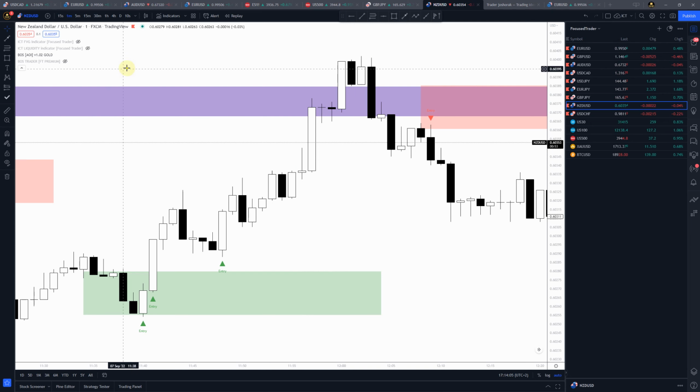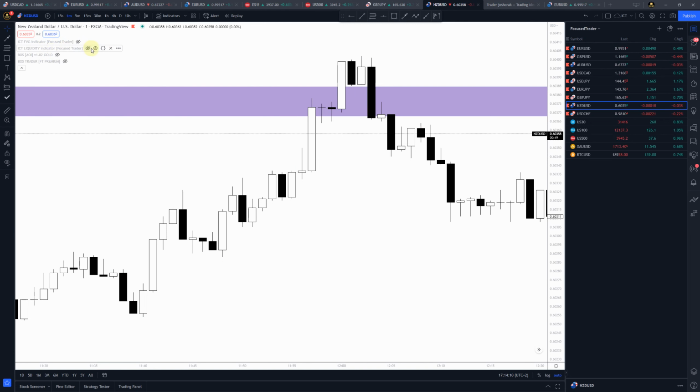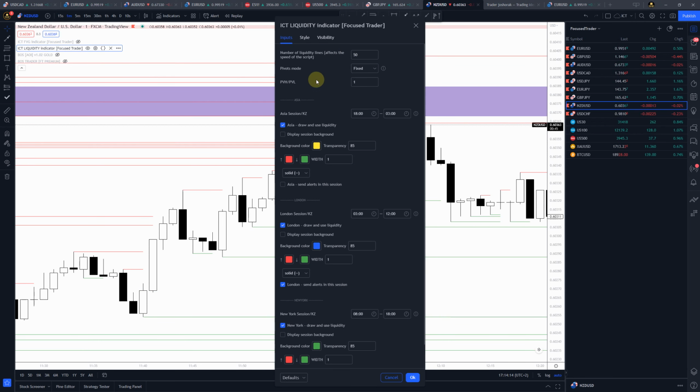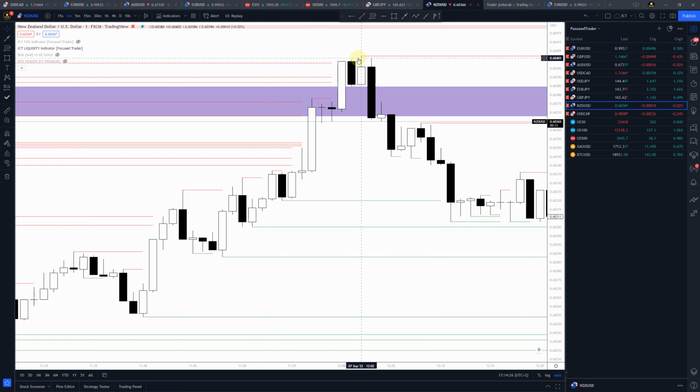It's the same type of calculation that we use in liquidity. Let me turn on liquidity, go to settings and confirm that we are in fixed mode. Fixed mode means that we are working on the current time frame and looking for pivot highs and lows of 1, so there should be 1 candle on the left and 1 candle on the right to create structure. It is confirmed, it happens here.